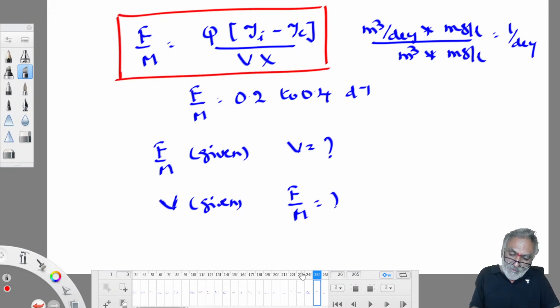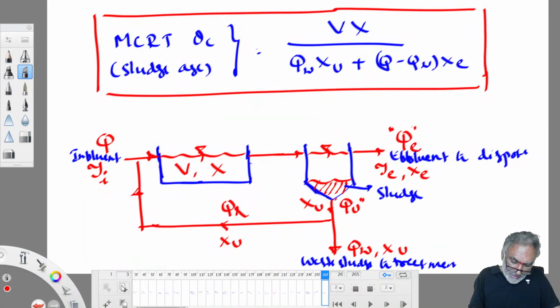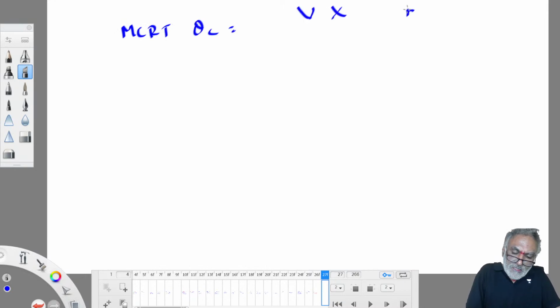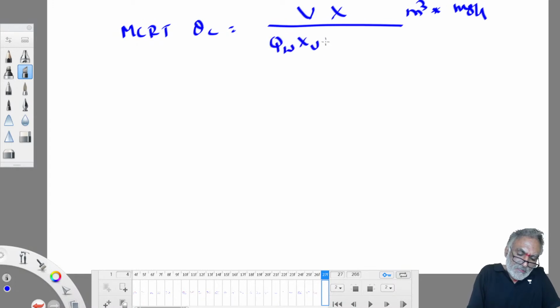To work out the mean cell residence time, here is the unit system that we follow. Mean cell residence time, theta c, is equal to V into X. Substitute V in meter cube, X in milligram per liter. Mixed liquor suspended solids means solids only, and solids are expressed in milligram per liter. Then QW into XU plus (Q minus QW) into XE. This QW we substitute in meter cube per day, XE in milligram per liter.